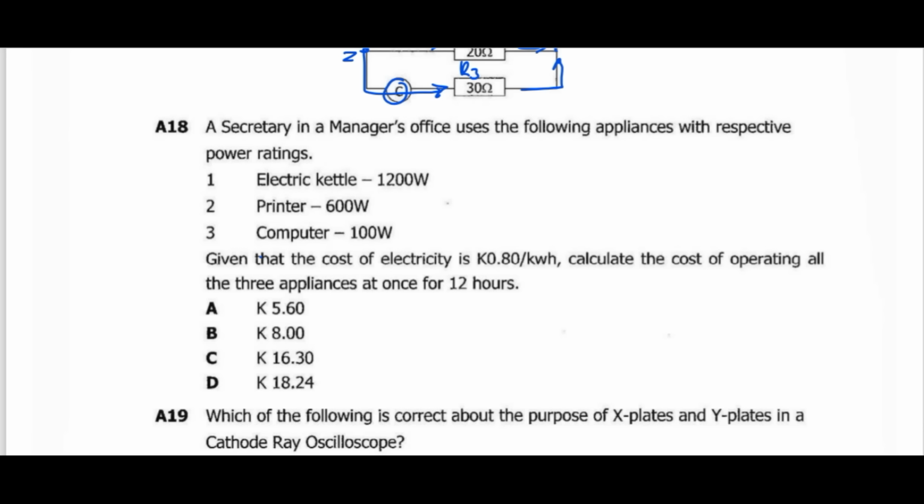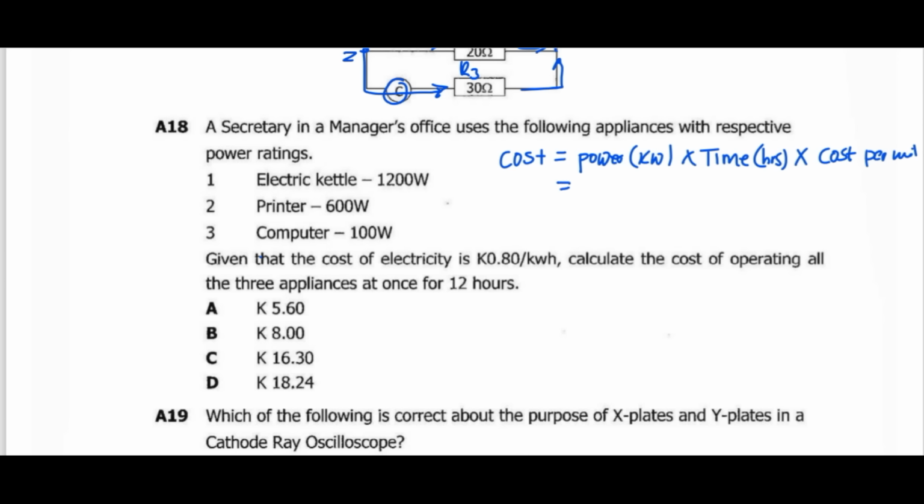So what's the formula? The cost is equal to power, make sure your power is in kilowatts, times time. Make sure your time is in hours. So if the question is for 2 days, make sure you convert 2 days to hours. Then multiply by cost per unit.